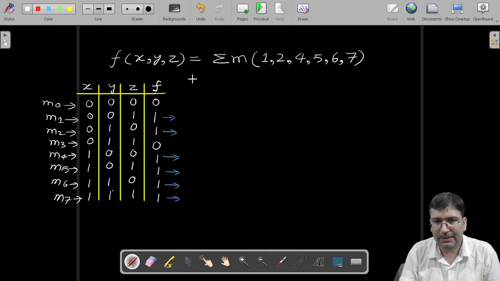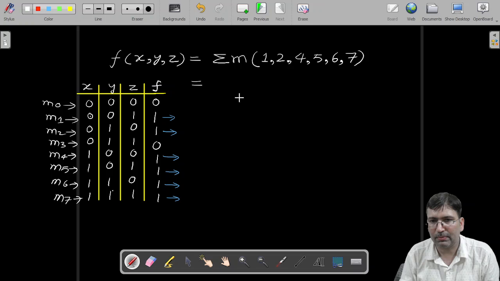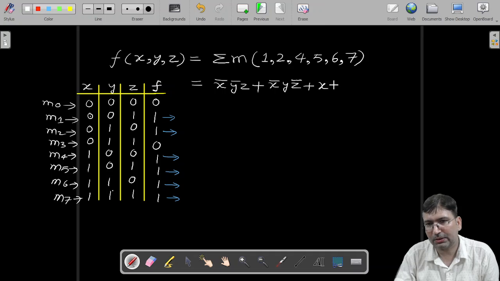Now how do we represent it in sum of product form? This 1 will be represented as x bar, y bar, z. So we write x bar, y bar, z. Or, term 2 will be represented as x bar, y, z bar. 4 will be represented like x, y bar, z bar.